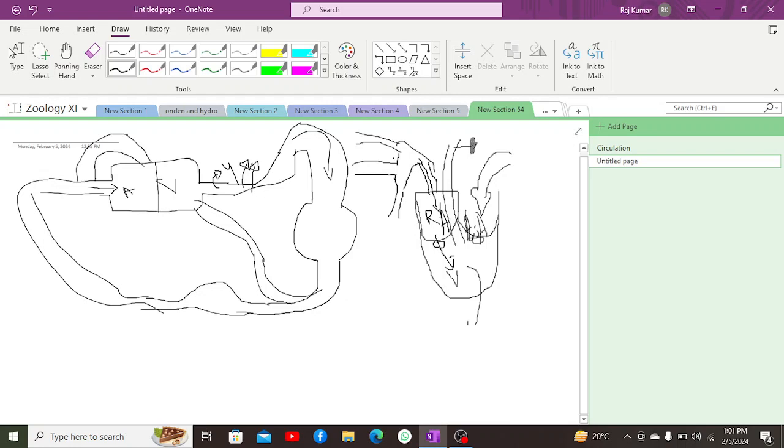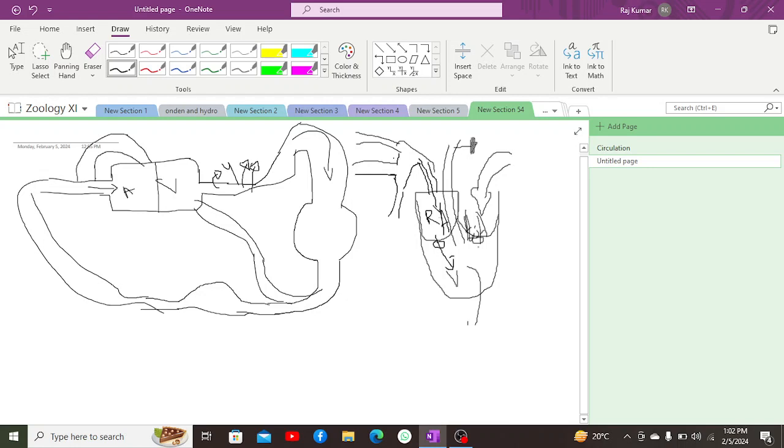These are the number of arches in which it is divided, and this is a basic formula. Incomplete double circuit circulation is so called because there is mixing of oxygenated and deoxygenated blood in the ventricle. This is the reason why, in amphibians, it is known as incomplete double circuit circulation.